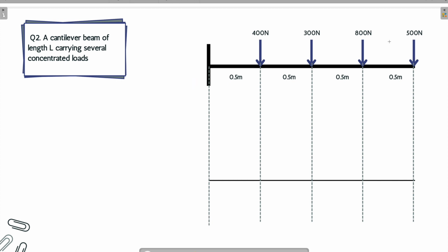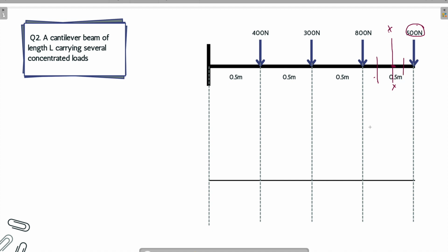Let's continue. So let's cut a section here, XX. Suppose this 500 Newton is trying to rotate the beam in the clockwise direction about XX. If you move the section XX over here, the same thing will happen. And if you move the section over here, the same thing will happen.